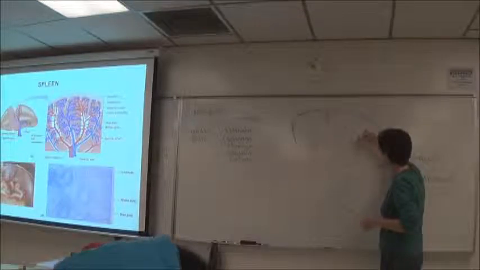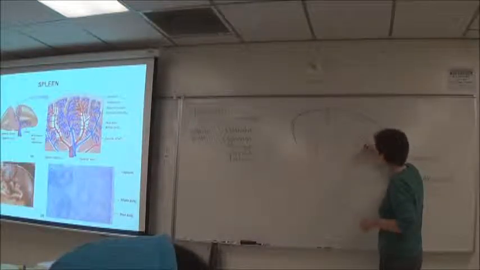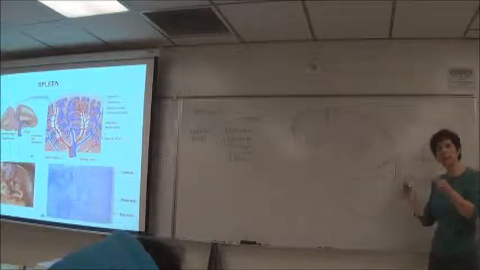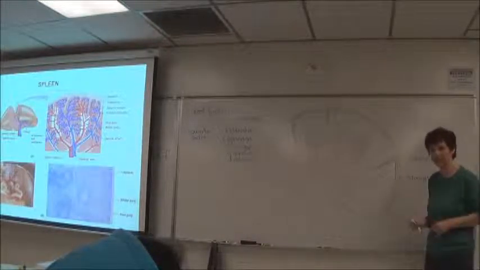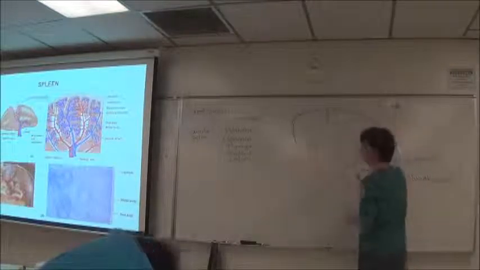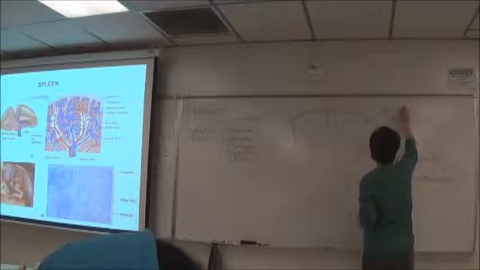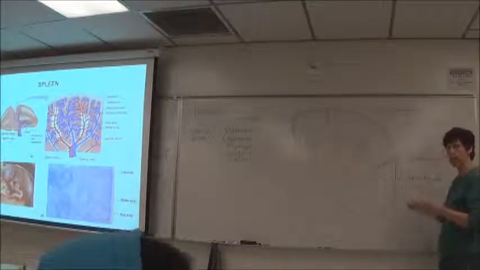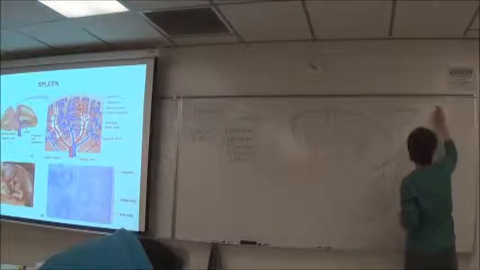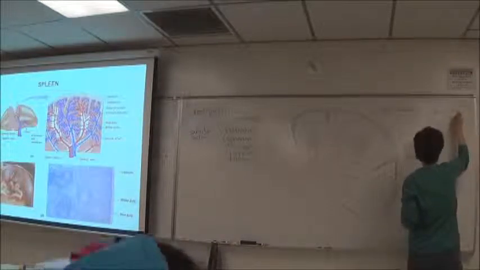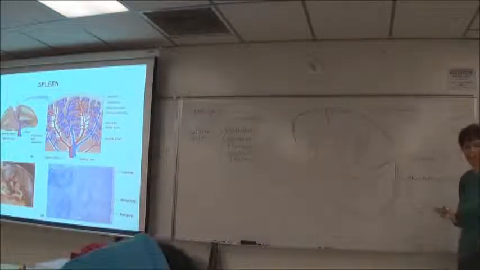Obviously the size of this and the organ is not to scale. And so this is called a periarteriolar lymphatic sheath. Let me write that word out. Peri meaning around, arteriolar, a small artery, lymphatic sheath. In essence, that's our lymphatic follicle.